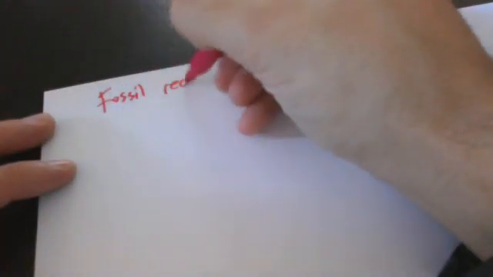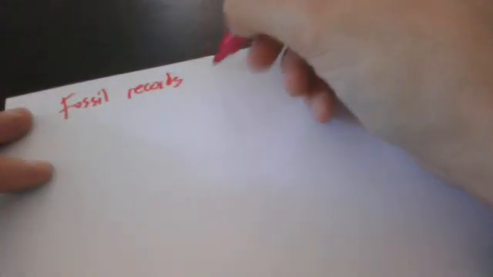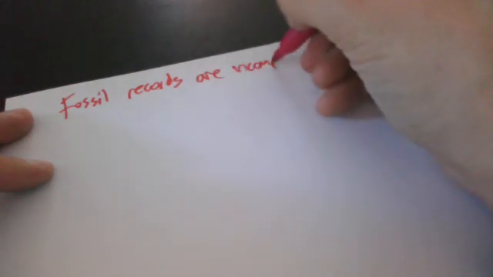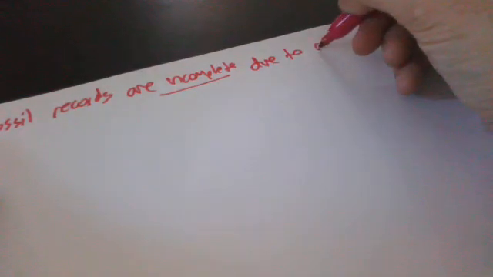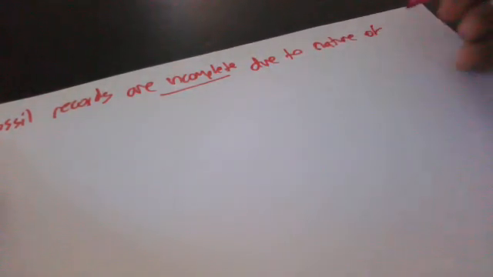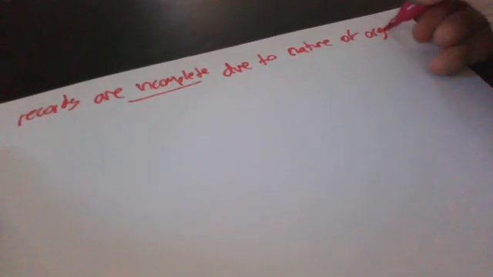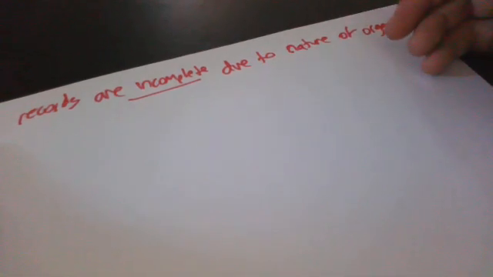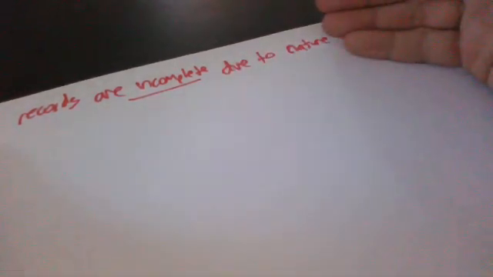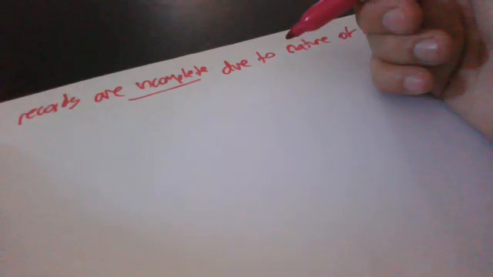Now, why are fossil records incomplete? Fossil records are incomplete due to the nature of the organism. If it's small, if it had no hard parts, then getting a fossil is really hard.